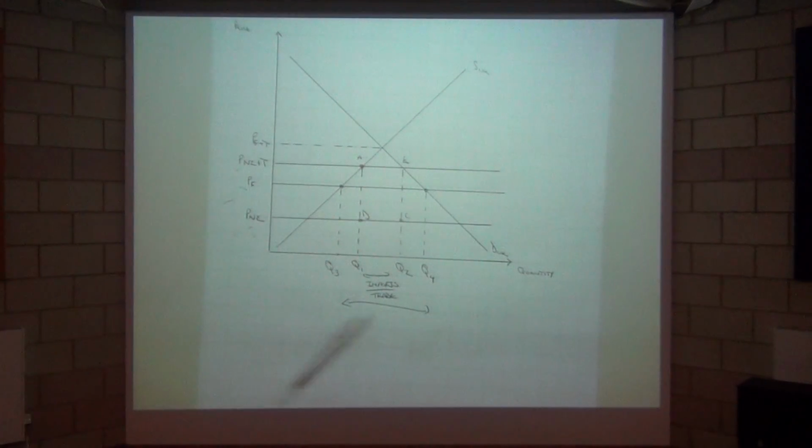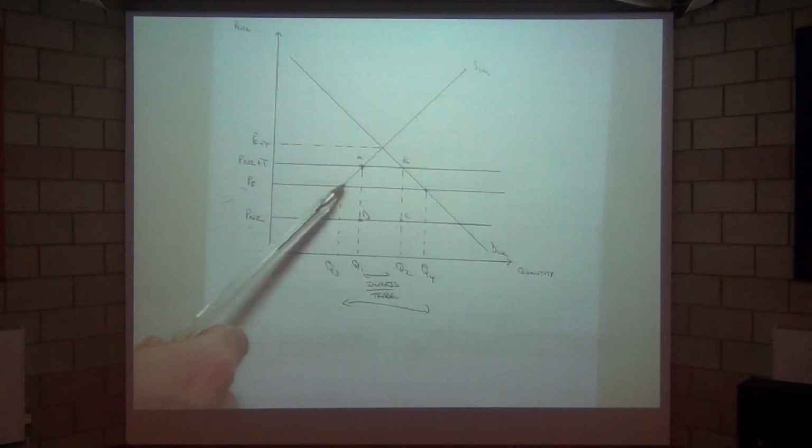So the UK can now compete up to the point where the PF line crosses the domestic supply curve, which is at point Q3. So that's the point of domestic supply.